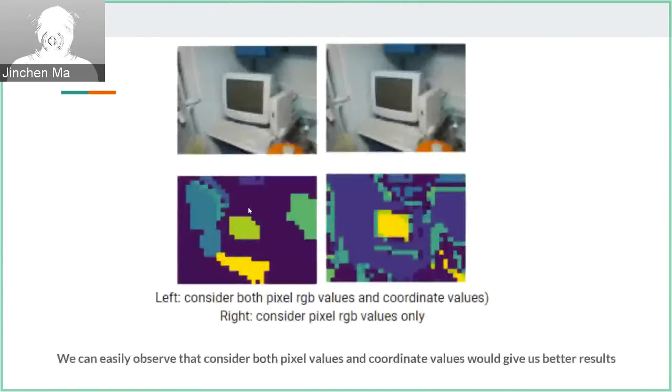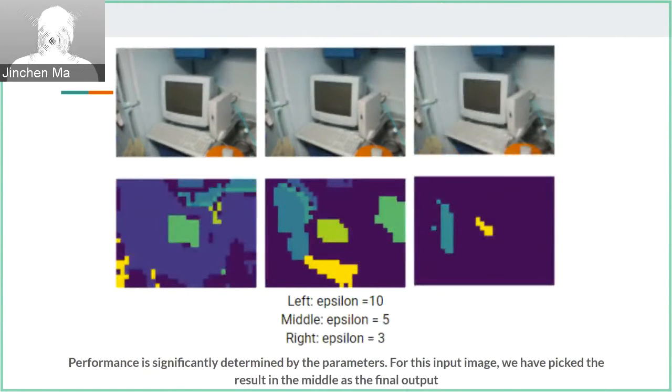Next is a comparison between different approaches, and next is a comparison between different parameter combinations. For the sample output, we used epsilon equal to 5 and minimum sample size equal to 8 as the final output.